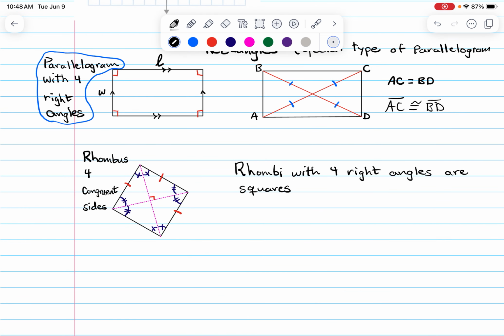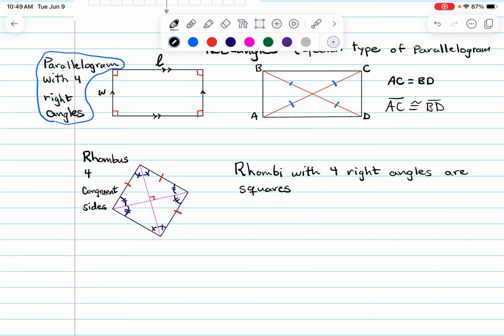Now, the next thing I want to look at is a rhombus. A rhombus is a parallelogram, but it has 4 congruent sides. So now we've looked at a special type of parallelogram, a rectangle, and now we're looking at another special type of parallelogram, and that's a rhombus. What makes it a rhombus is it has 4 congruent sides. Now, I've not said anything about the angles.